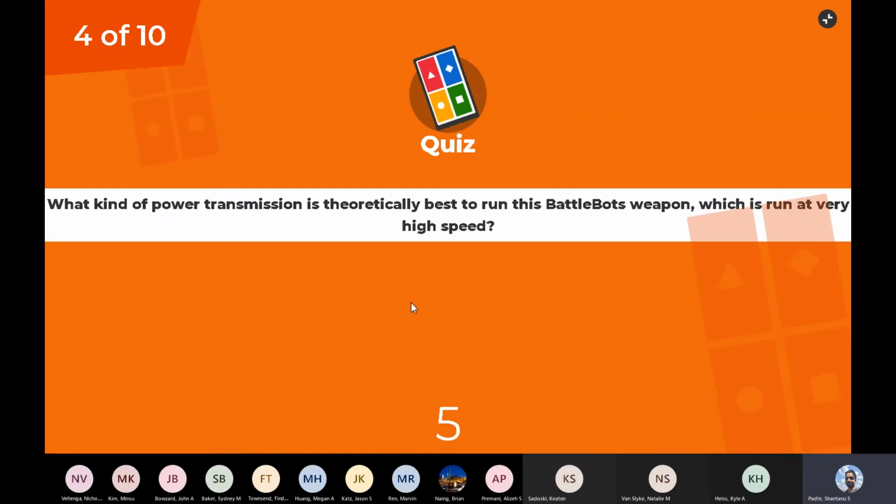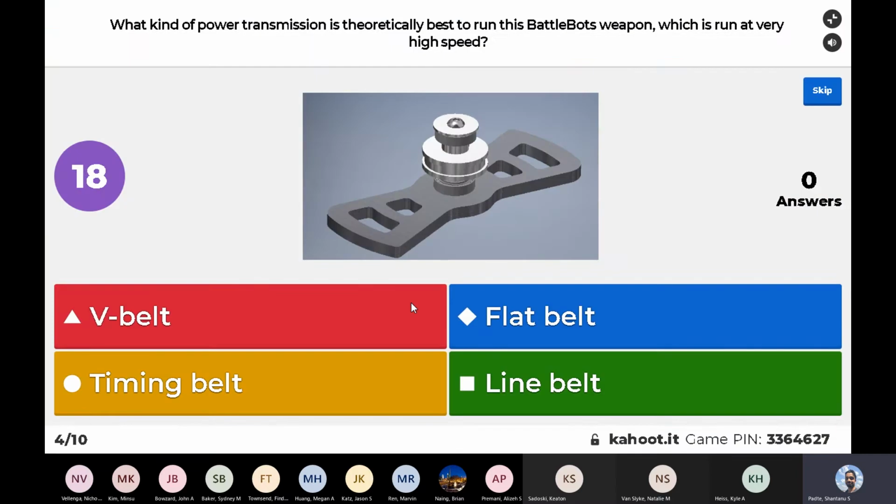What kind of power transmission is theoretically best to run this BattleBot's weapon, which is run at very high speed? Didn't we just see this weapon? Pay close attention to this wheel.